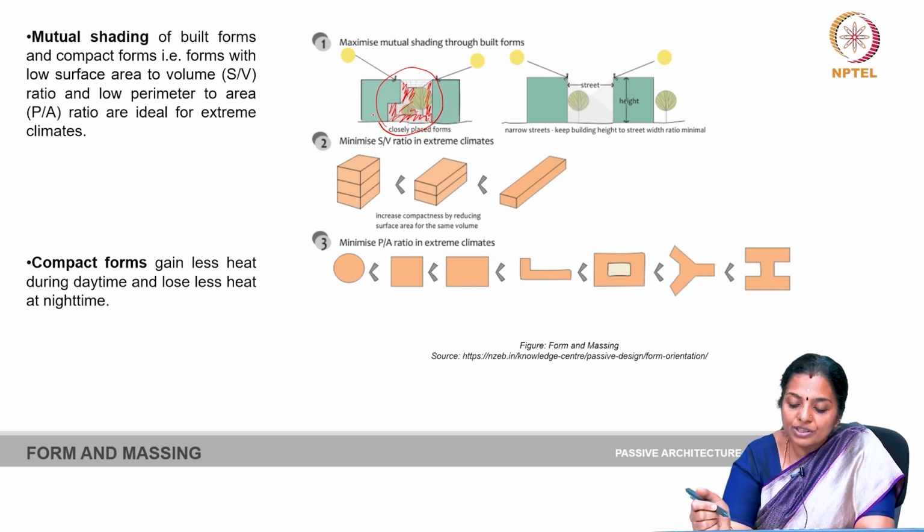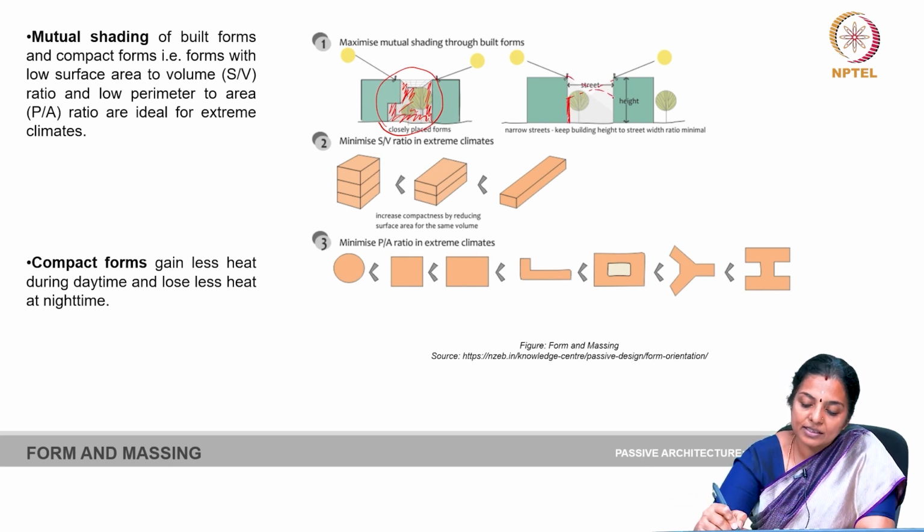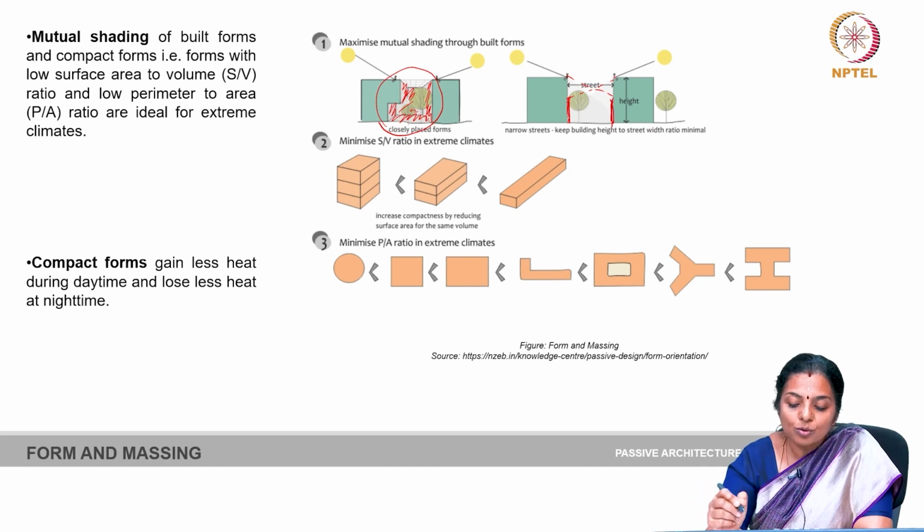Now, narrow streets keep the building height to street ratio minimal and they can cause mutual shading of the buildings, because of which there is no heat ingress.